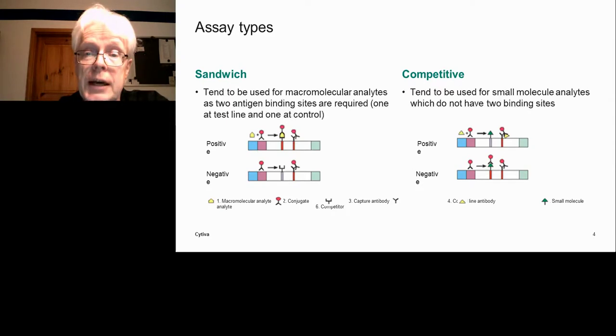If the target is present in the sample liquid, you will see a decrease of the signal at the test line, while in the sandwich test, you see an increase in the signal at the test line. Both tests are being used today, and an example for a sandwich test is the well-known pregnancy test, and an example for a competitive test would be a drugs of abuse test.